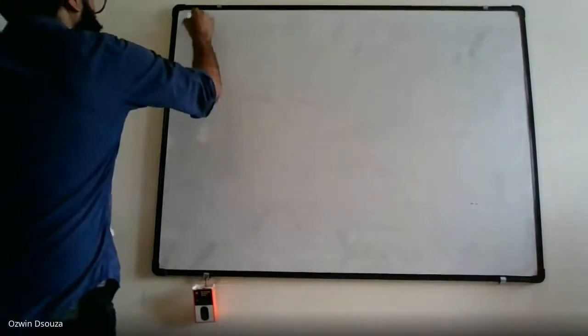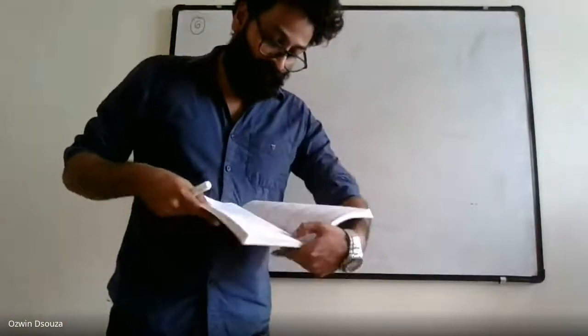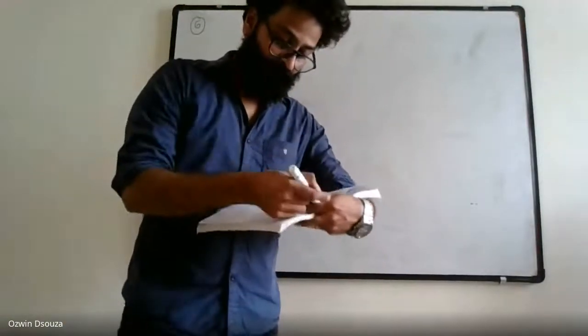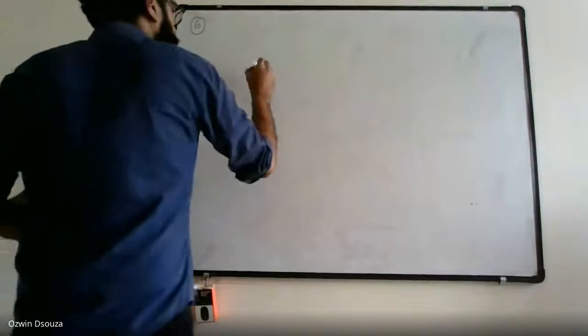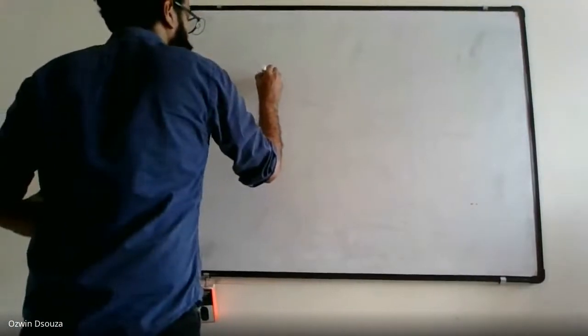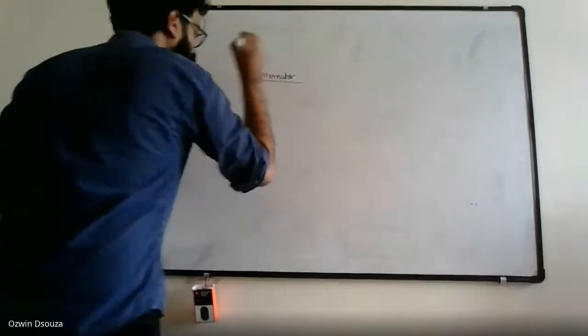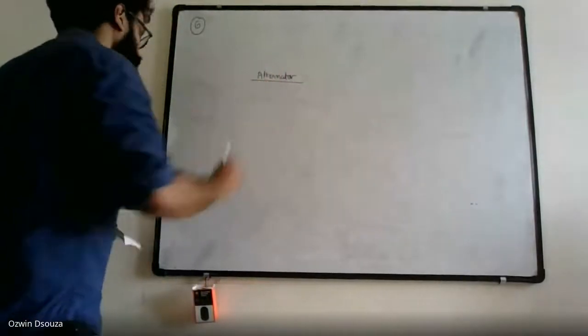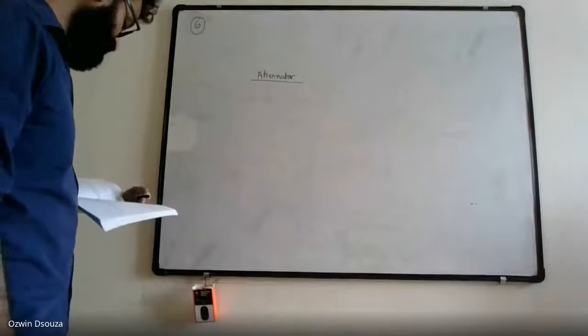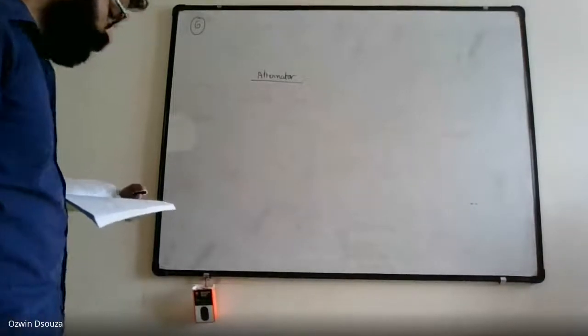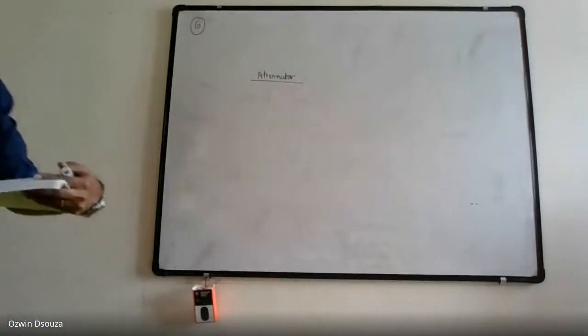Sixth problem, let me see who will solve this. Copy the problem statement. A 12-pole, 3-phase alternator is coupled to an engine running at 500 rpm.